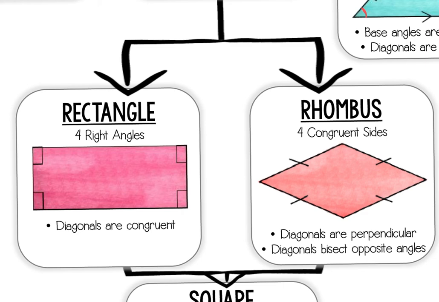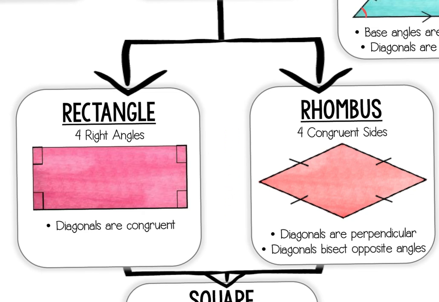So the diagonal across here is going to bisect this angle, and that angle. These angles are congruent because it's a parallelogram, and they're going to be bisected by the diagonal. So it keeps all the characteristics of the parallelogram. It picks up these extra ones.